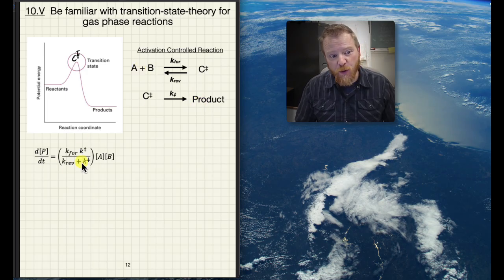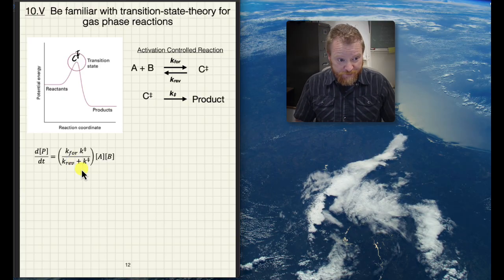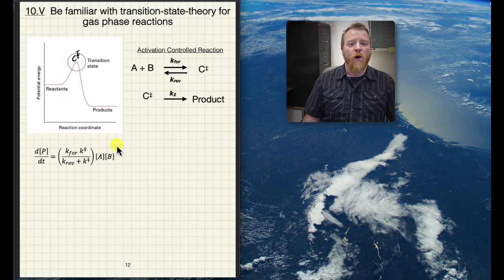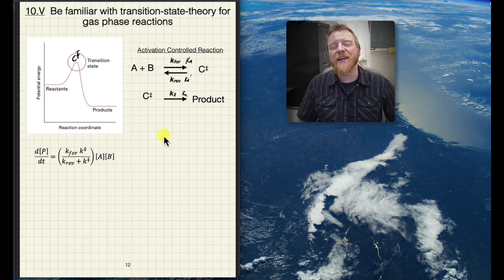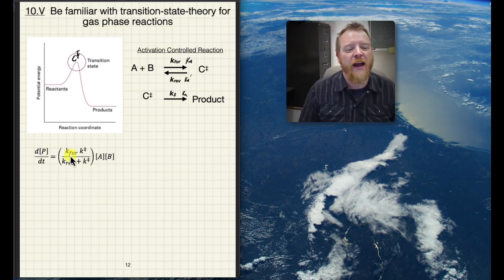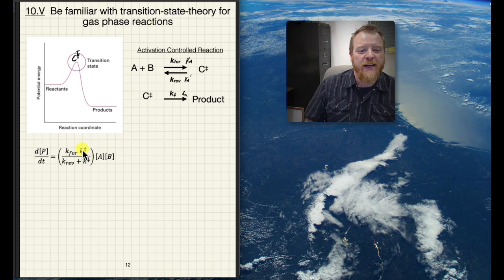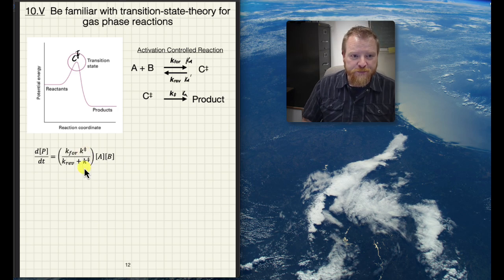And this was the same expression we derived last time using a steady state approximation, only last time I used, just so we are clear, KD prime, and KA. To be consistent with kinetics literature, I changed that to K forward, K reverse, and K double dagger.